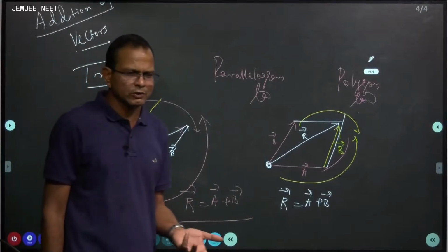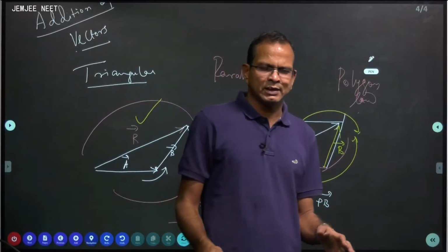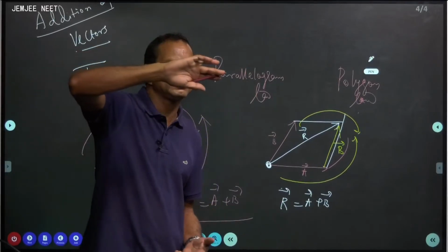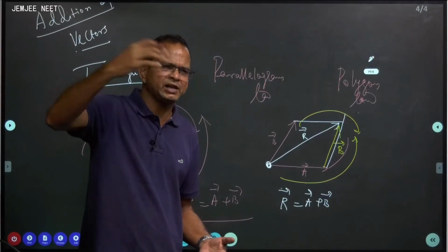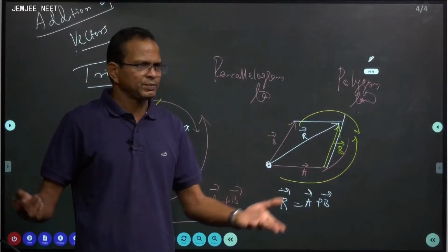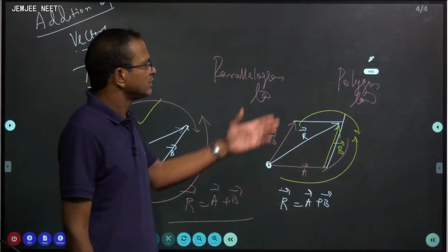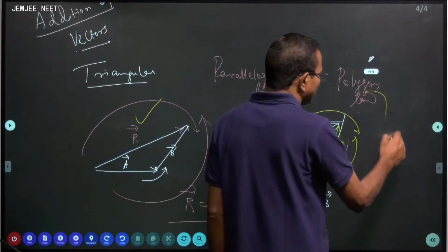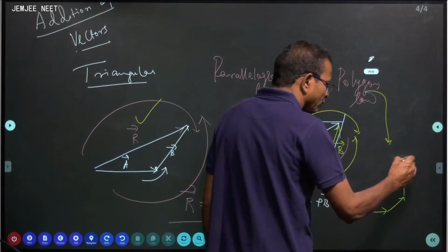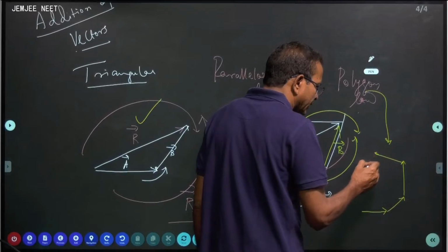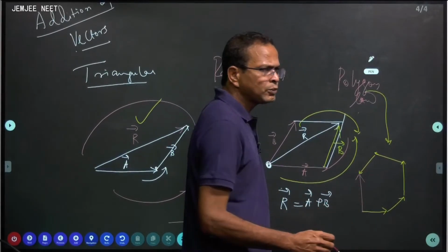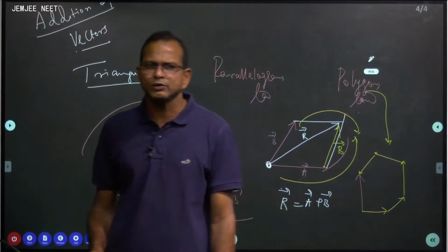So the triangular law and parallelogram law are not needed separately. Just geometry would do. What is the geometry? If continuous vectors form adjacent sides of any shape, the closing side gives you the resultant. Finished. Let it make any shape, you will get the result. This is what the polygon law says. Polygon law says, if n number of vectors taken in order form adjacent sides of a polygon, the closing side of the polygon taken in opposite order gives you the resultant.